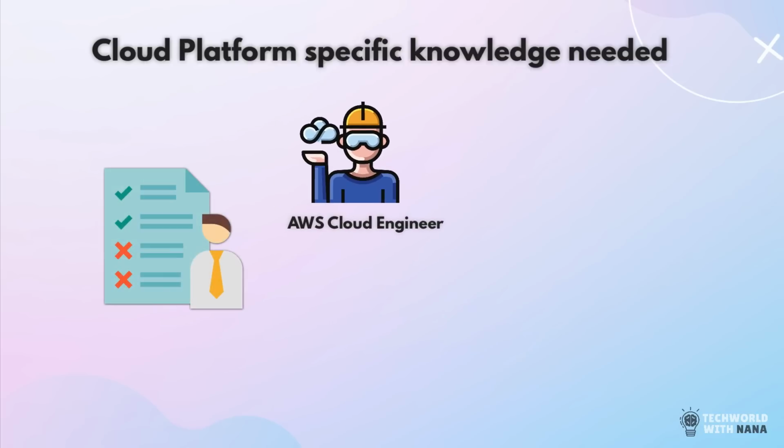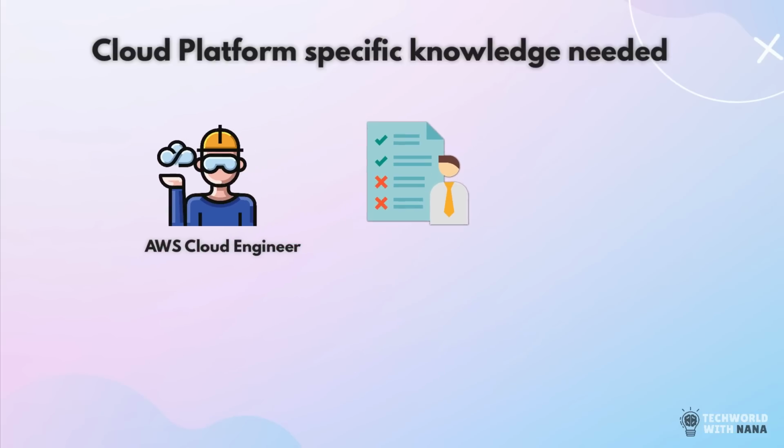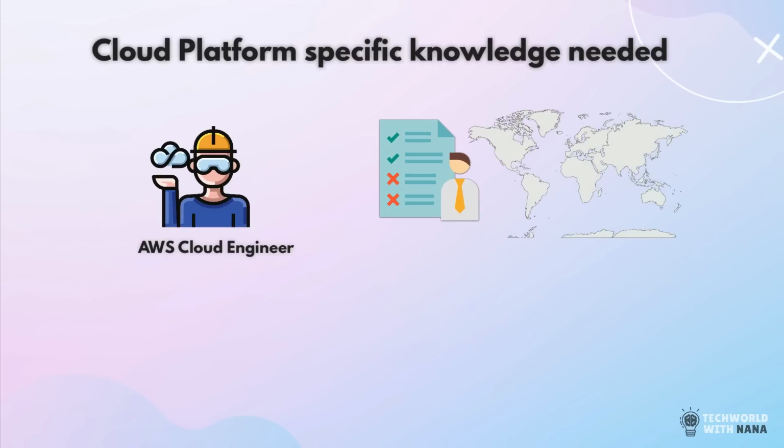And since Cloud Engineer has knowledge of all AWS services, they know how to configure what company needs with those services. So they can directly map the company's business needs and requirements to the cloud setup. Like if a company needs geographical distribution all over the world because they have users all over the globe, Cloud Engineer would help configure that by using the right services and configuring them correctly.